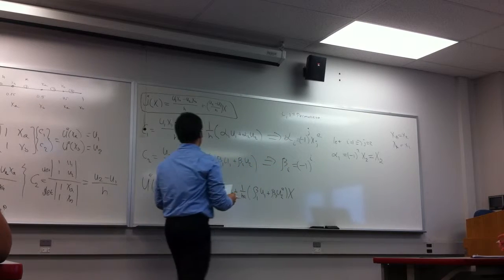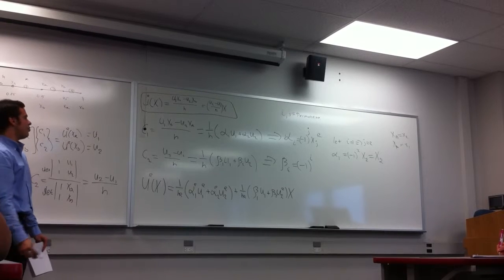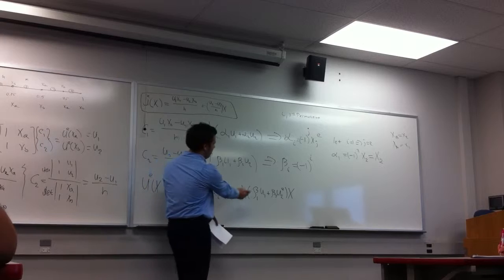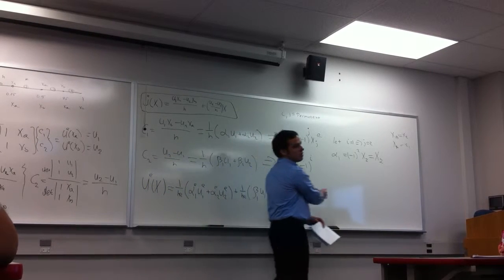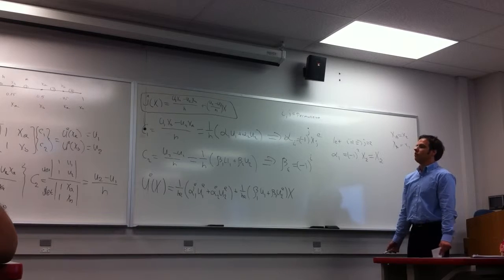Now, in this form, it looks more attractive to the eye because you have alpha 1 U1, alpha 2 U2, beta 1 U1, beta 2 U2. You have this nice little thing going.